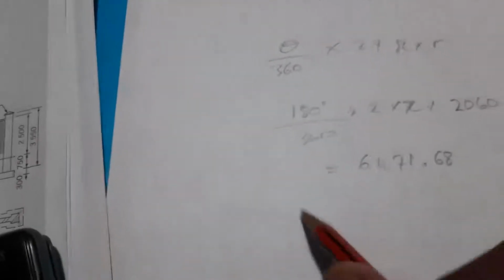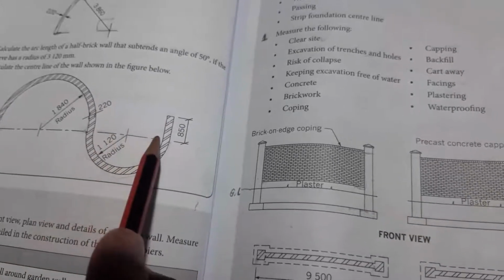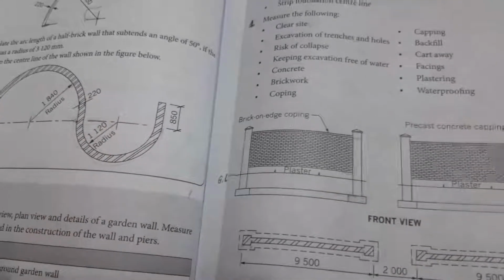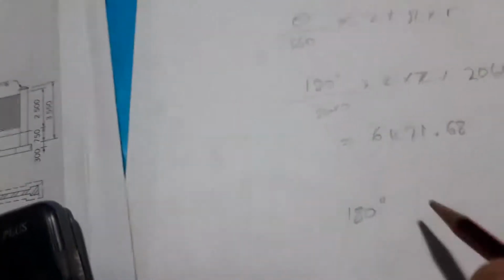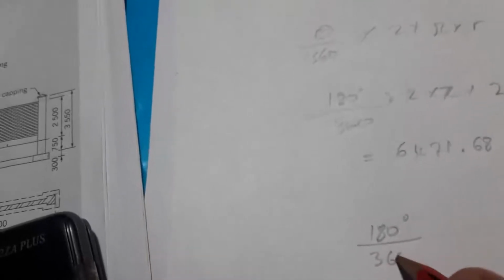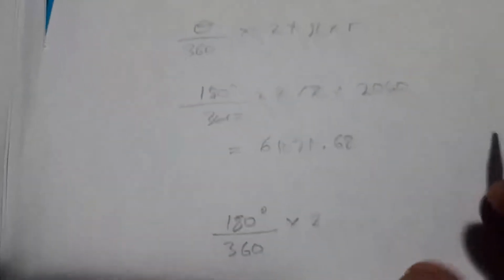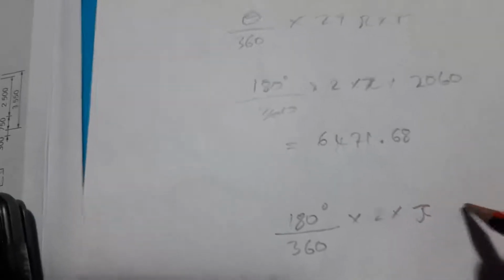So now your angle again here, it's 180 degrees, so it's gonna be 180 degrees over 360 times 2 times pi times your radius.